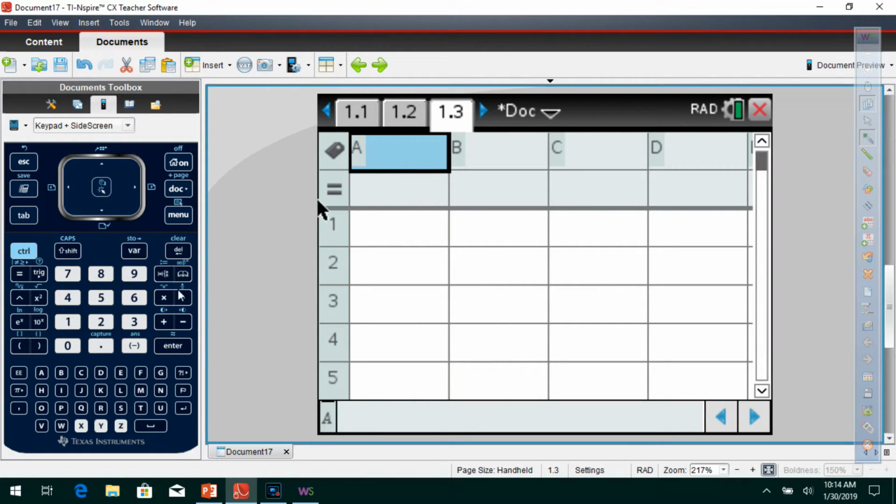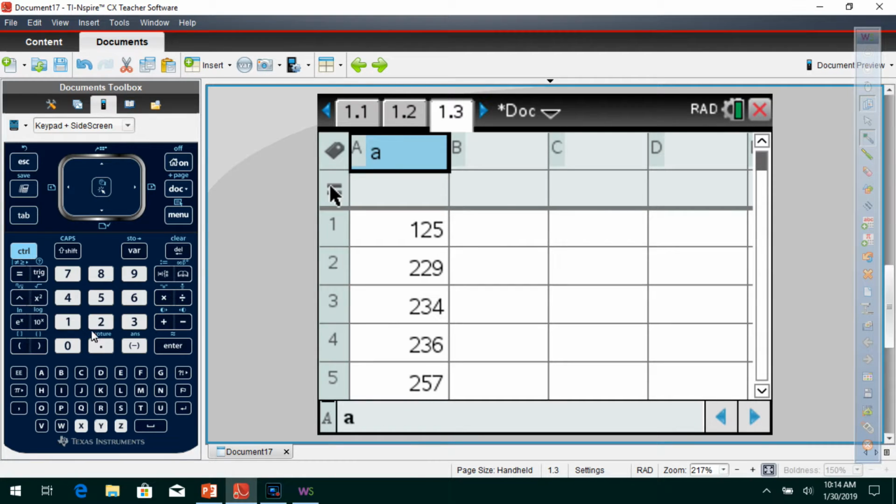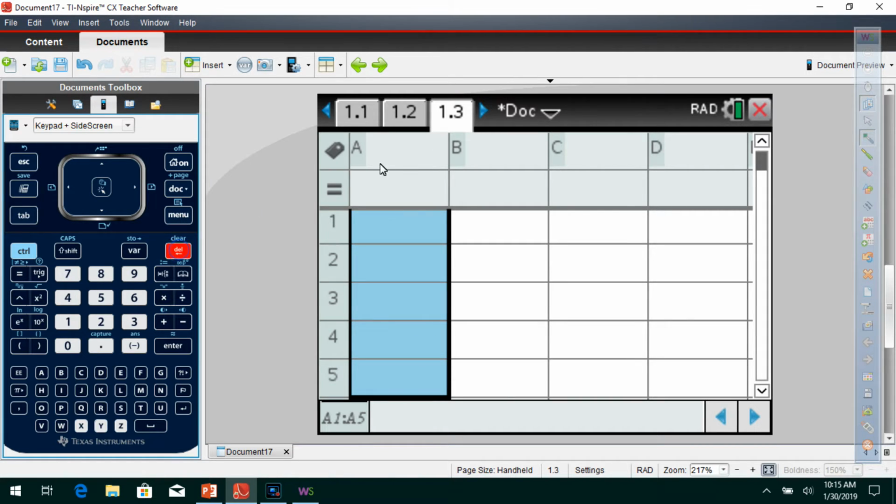Let's call this, we'll be real creative, we'll call it A. Oh, I've already used A, it looks like. So let's go up here and call it D.